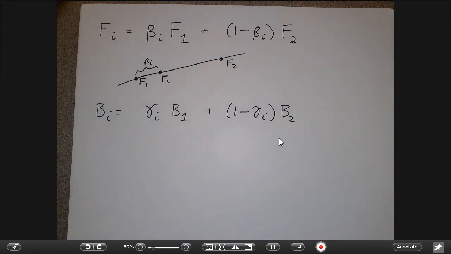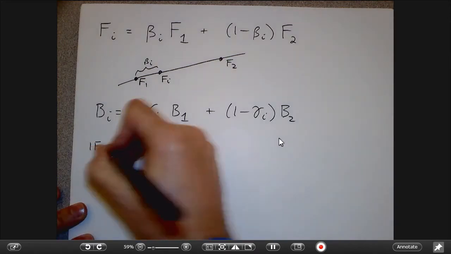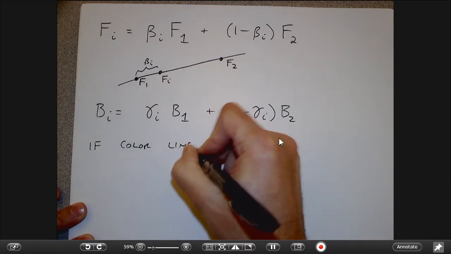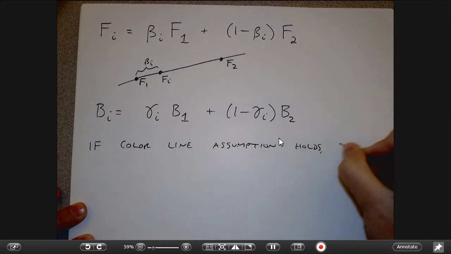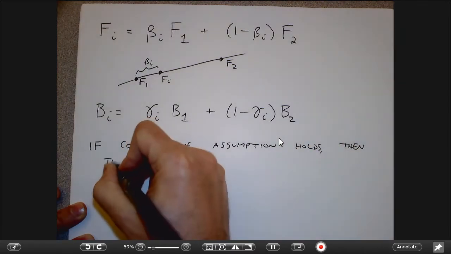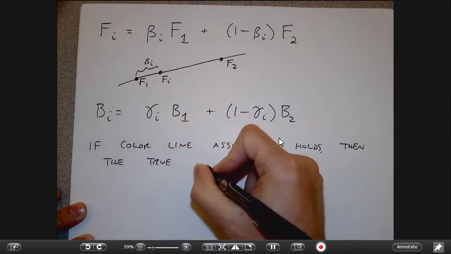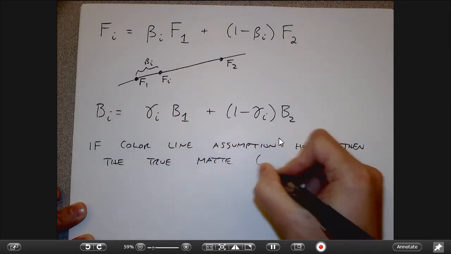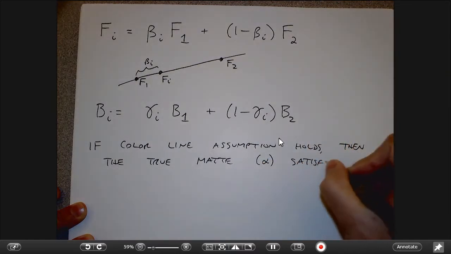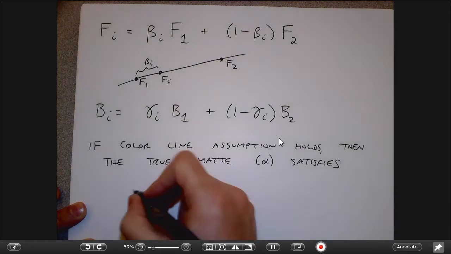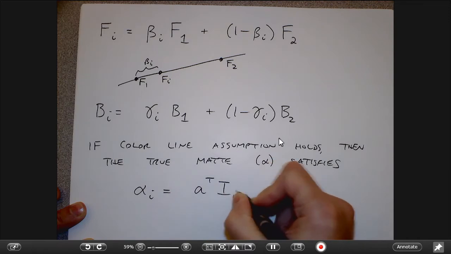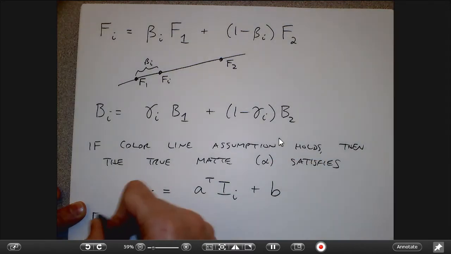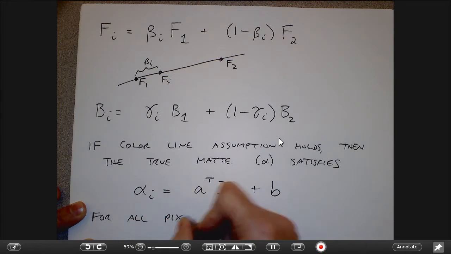Okay, so one really interesting observation was that if the color line assumption holds, then the true matte alpha satisfies alpha I equals... so what does this mean?